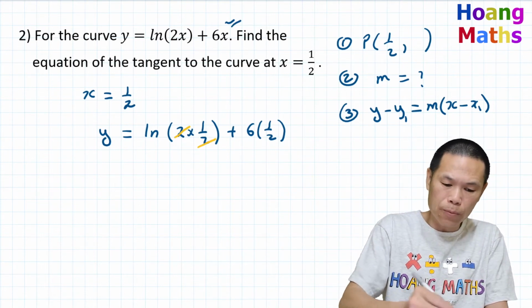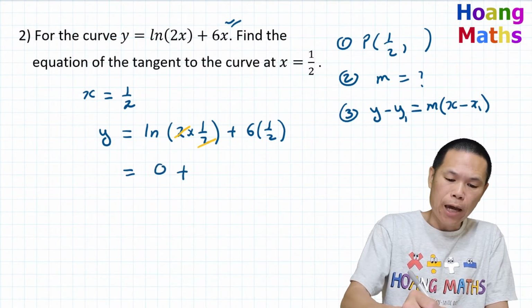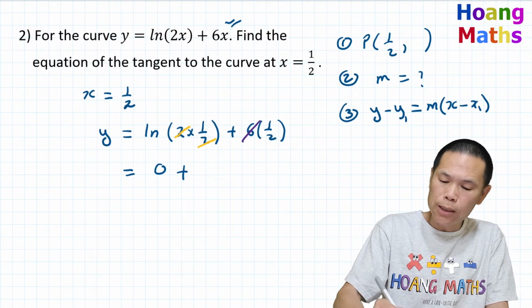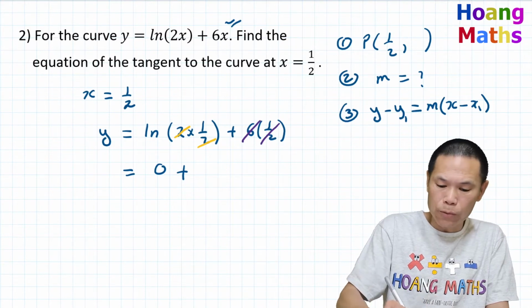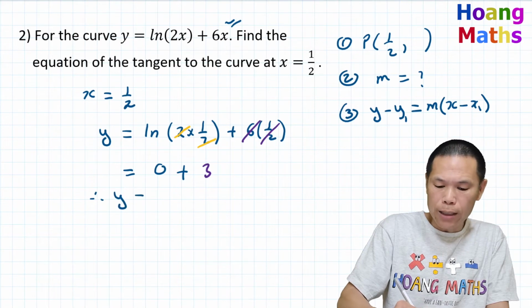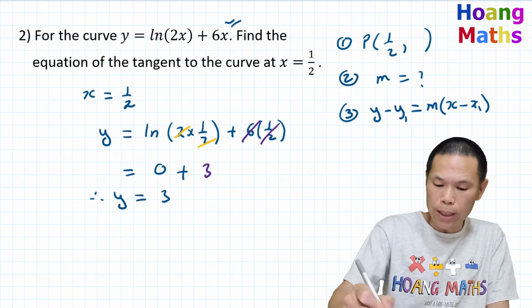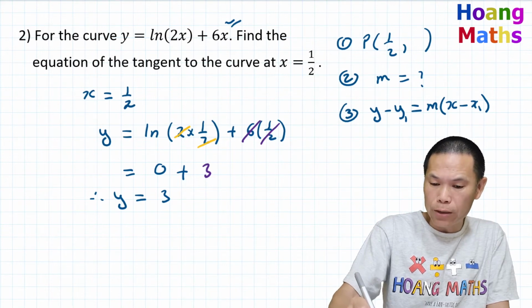So that becomes 0. We add 6 times a half, which is 3, so plus 3. Therefore, y is equal to 3. So now we have the y value, so the point is a half and 3.